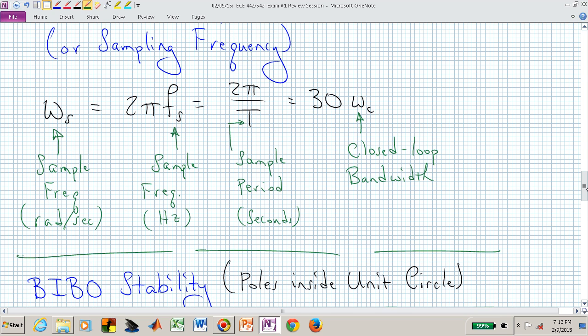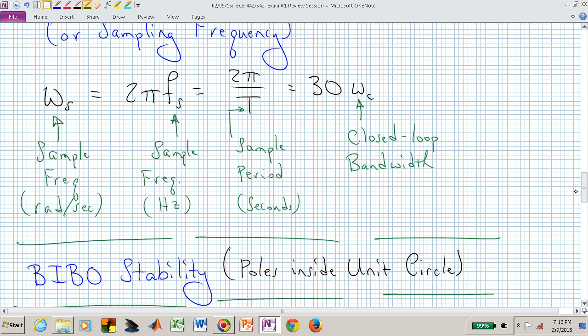Bounded output stability. Usually this implies that we're dealing with a causal input. And so all of these things you learned earlier tonight with anti-causal and causal and region of convergence and where your poles are might have confused you for the exam 1.